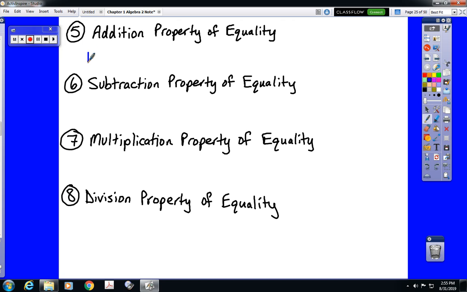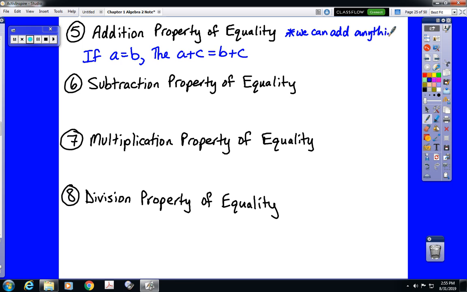So the addition property says that if A is equal to B, then A plus C equals B plus C. Now what is that saying in words? That is saying we can add anything we want to both, and that's the key word there, sides of any equation.